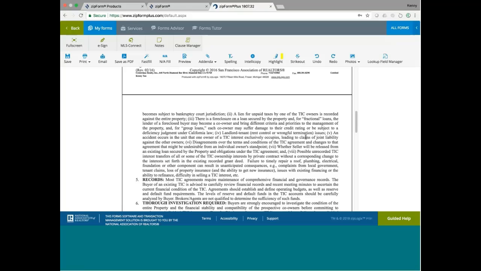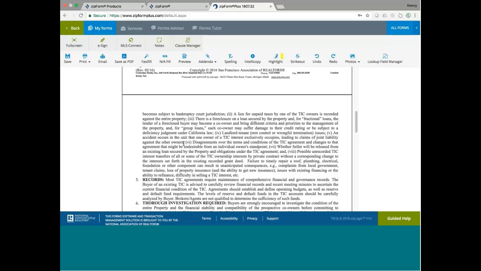Also, it talks about joint liability. If an accident occurs in the unit that one owner of a TIC exclusively occupies, it can lead to claims of joint liability against the other owners. You know, when you are in a condominium, if somebody slips and falls in a condo unit, it is only the owner of the individual unit who's going to be responsible to the victim.